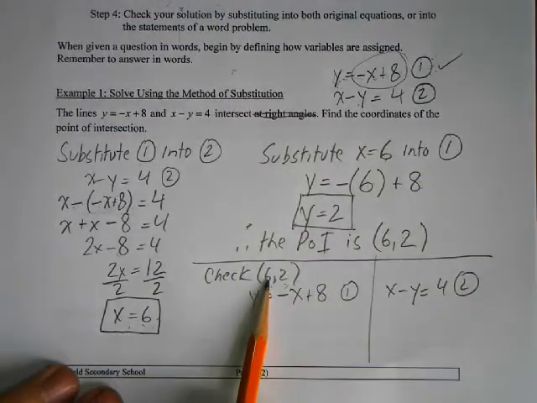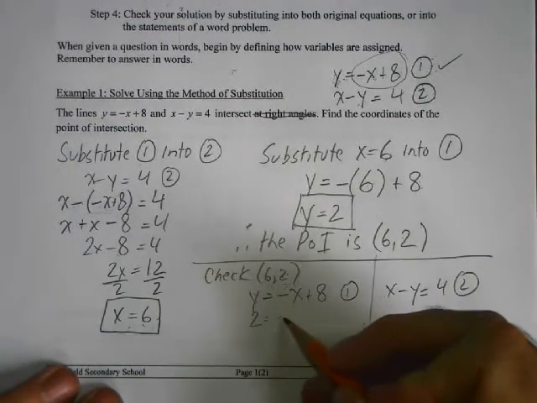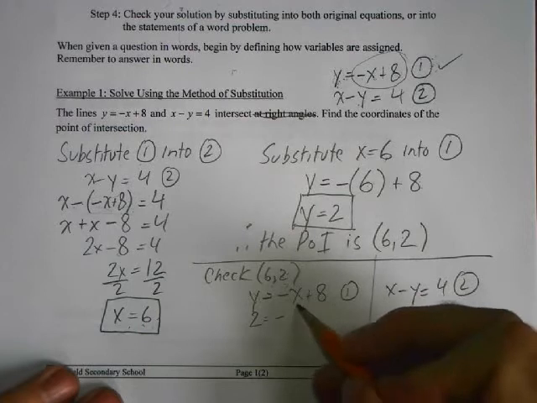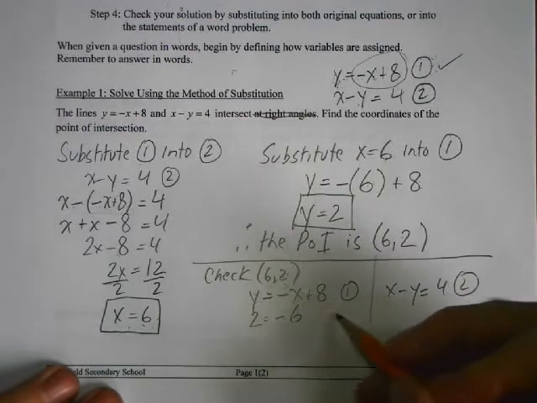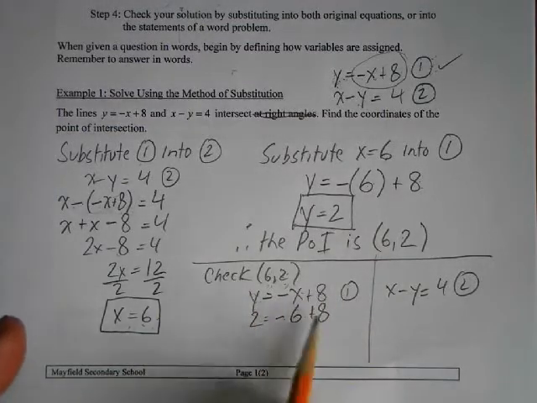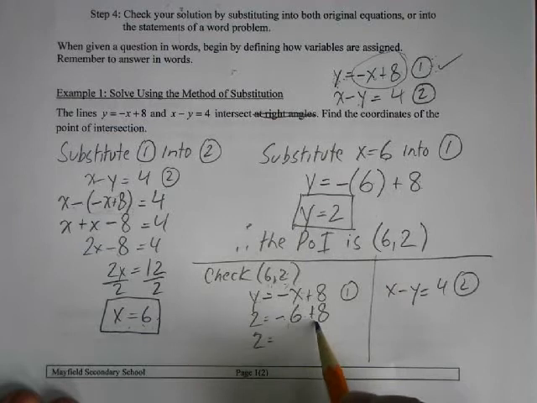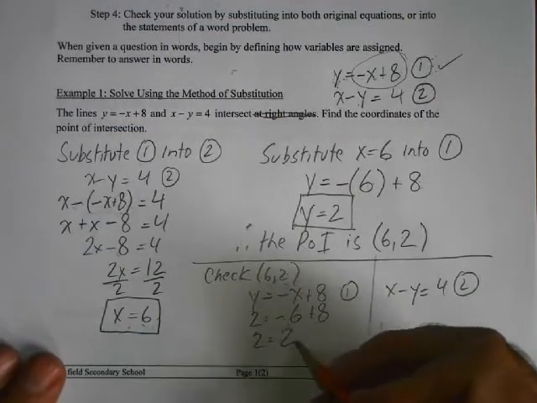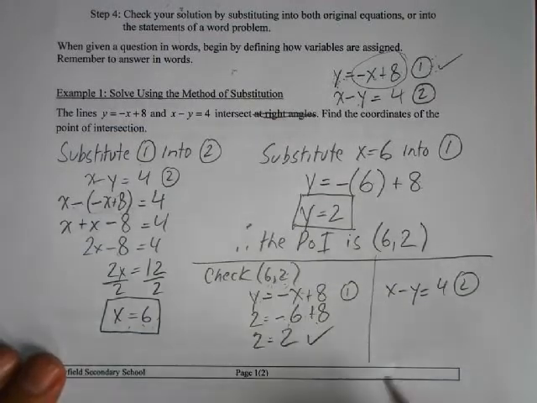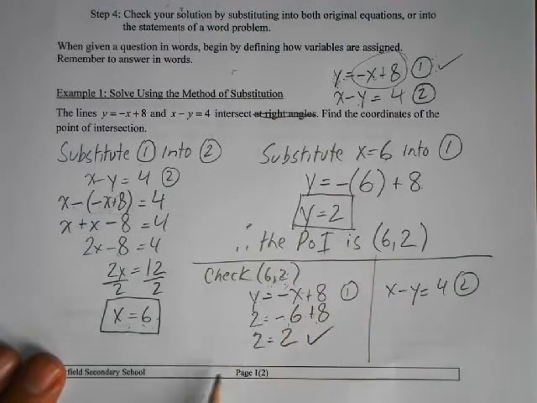That's the x value, that's the y, so I'm just replacing y with 2 and x with 6, so it's negative x, so it's negative 6. And I'm not trying to solve anything here, I just want to calculate the left side and right side. So the left side is still 2, and then negative 6 plus 8, or 8 minus 6, that's also 2, and that works.